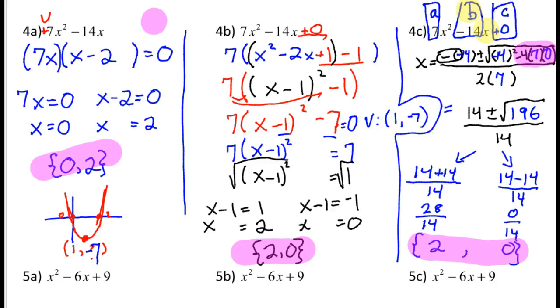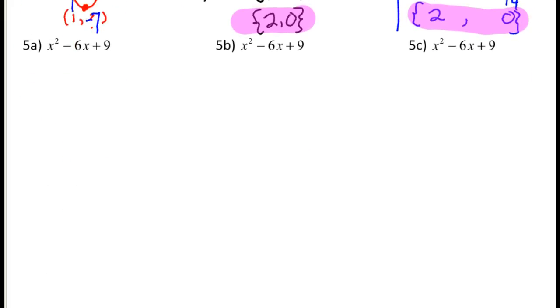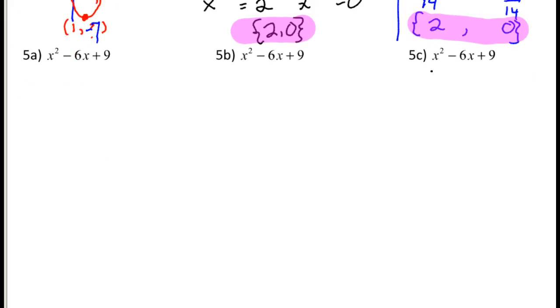Right. Are there any others we need to get started on this? Just help get started. 5C. Yeah. A is equal to 1. B is equal to -6, and C is equal to 1. Definitely use 1 for A though.